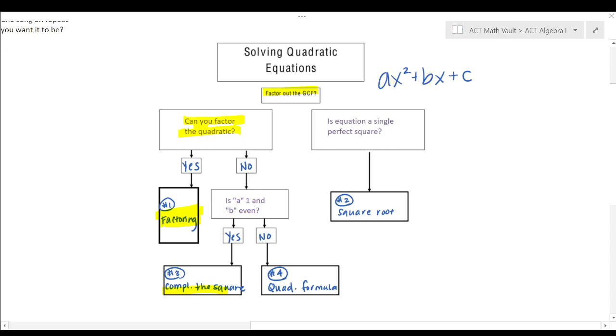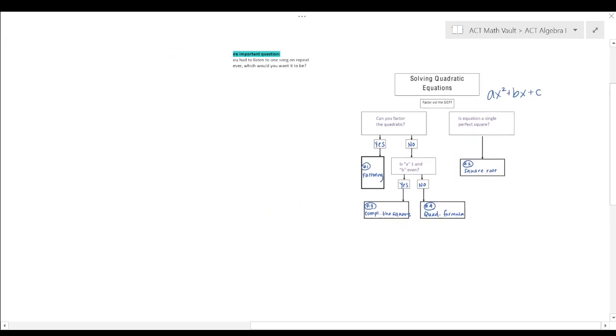And then the quadratic formula would work nicely if the answer would be no to both of those questions. Can't be factored, and there's no special pattern about it. If the whole thing is a single perfect square, then you could square root to solve for x. So that kind of helps you organize your thoughts.